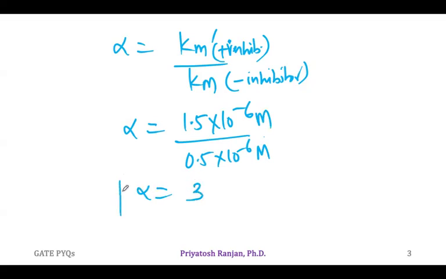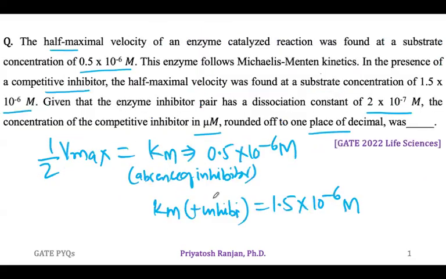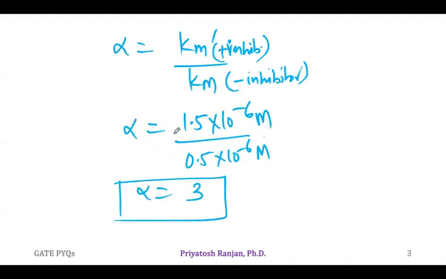Now, why am I calculating all this? Because in this question, we have to calculate the concentration of the competitive inhibitor. If you elaborate this alpha term further, you can rewrite it as alpha equal to 1 plus I by Ki.